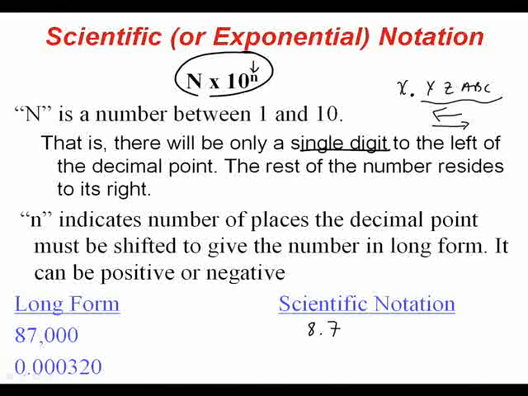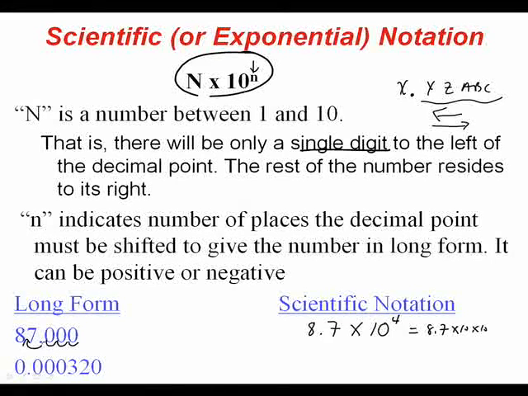And then to tell me that it started off at 87,000, I write how many times I'd multiply it times 10 to get the original number, and it is 1, 2, 3, 4. I'd have to multiply times 10 4 times. So this equals 8.7 times 10 times 10 times 10 times 10.